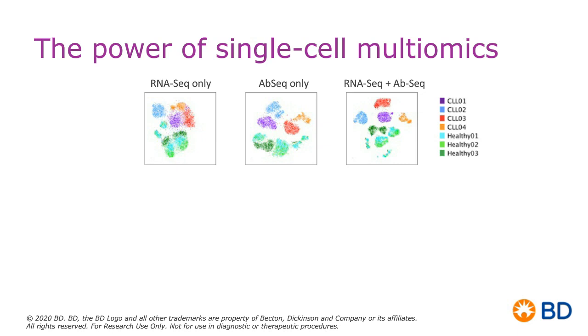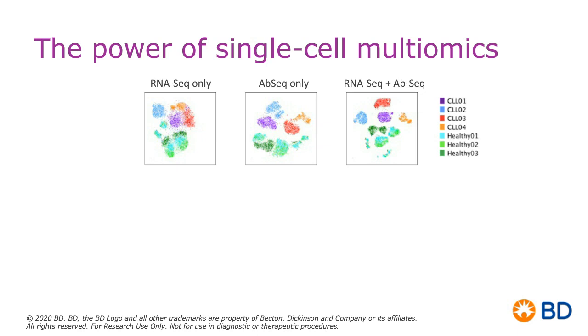If we take our RNA sequencing information only and do a tSNE visualization, looking at our individual populations and overlaying our 7 different donors, you could say I can see my individual donors or samples clustering nicely. Now, that's with RNA sequencing information only.